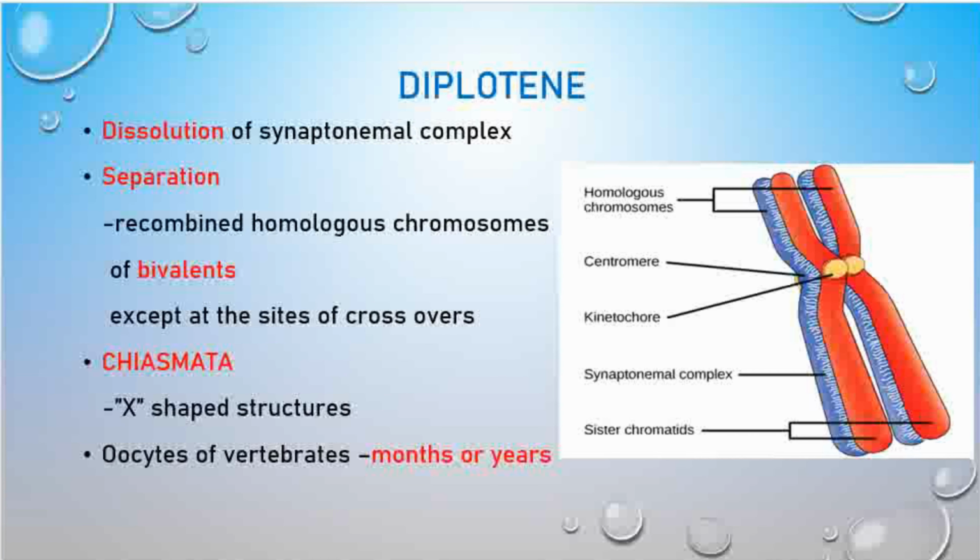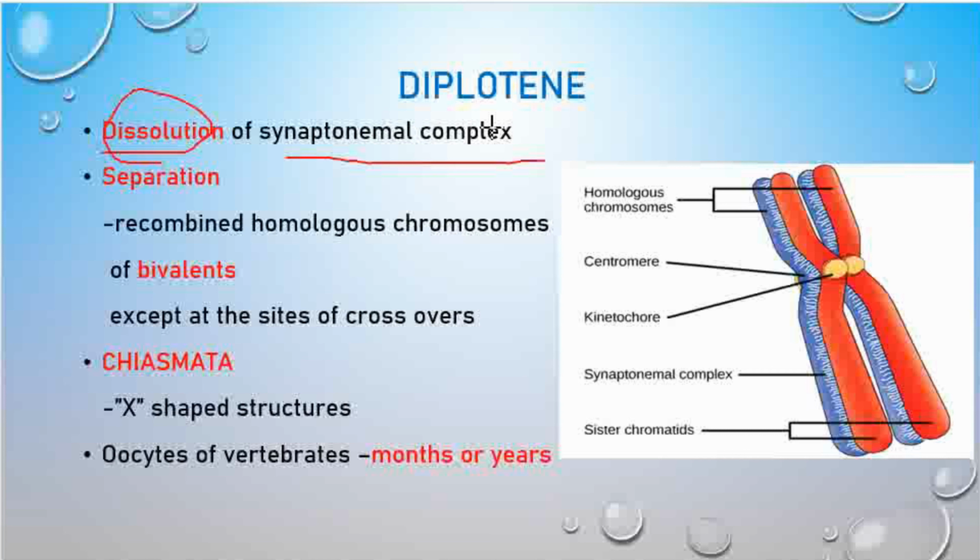Coming to the diplotene stage, here there is dissolution of the synaptonemal complex. Now there is a breakdown because the crossing over has occurred. Now the synapsis has to be broken.